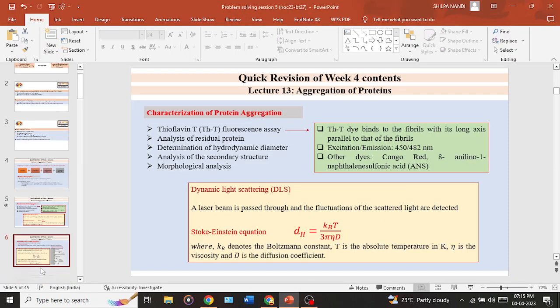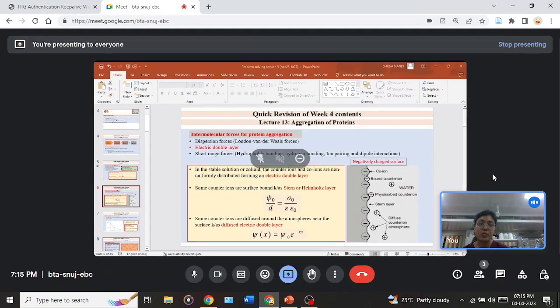Next, in this lecture, it was also taught about the intermolecular forces that are the basis for protein aggregation, or which are involved in protein aggregation. The first one is dispersion forces, that is London van der Waals forces.